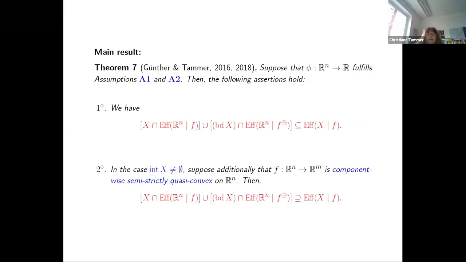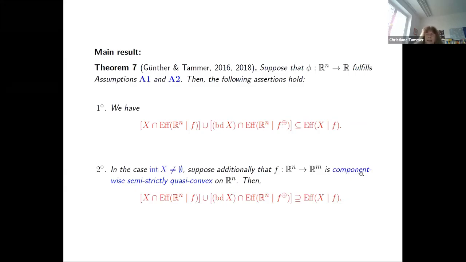So our main result is the following: it is possible to generate the whole set of efficient elements of a constrained optimization problem by solving two unconstrained optimization problems, one with the original objective function and one with a penalized objective function. Yeah?